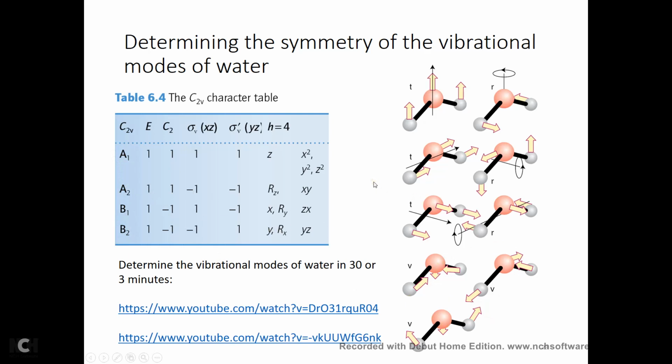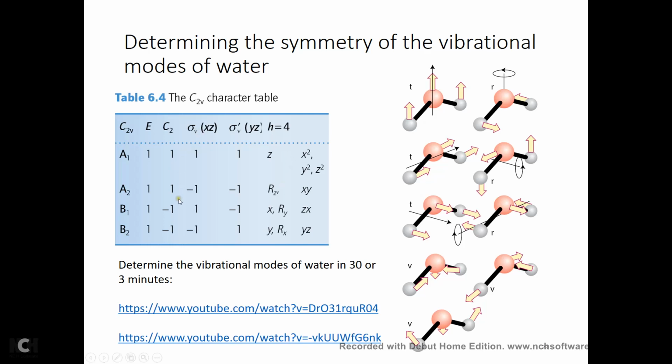Well, briefly, if you can determine the symmetry of the vibrational modes, then you will be able to predict whether those vibrational motions are infrared active or not, if they are Raman active or not. So for example, if the vibrations are A1, B1, or B2 that contains Z, X, and Y, then we say this vibration is infrared active.